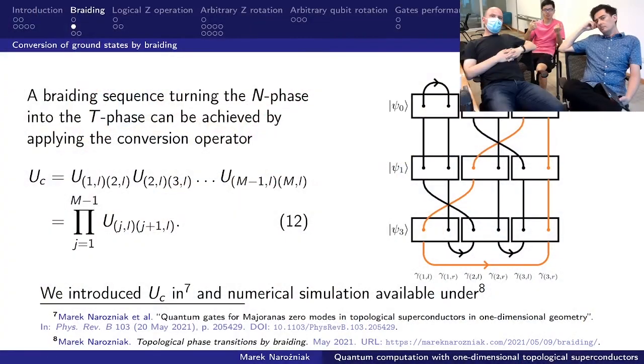So you said if you have a non-local fermion, then no matter how you braid, you can always be sure it's one of the ground states of the same Hamiltonian, but just with different parameters. Yes. But how do you know that?